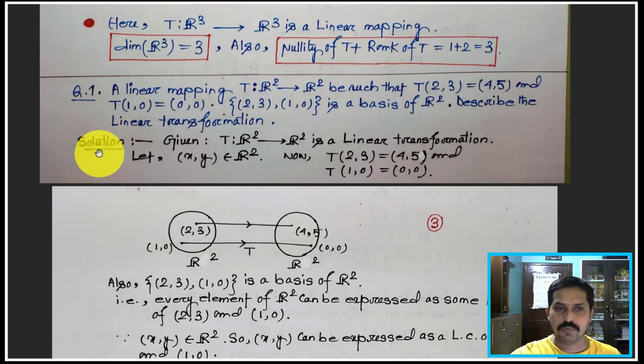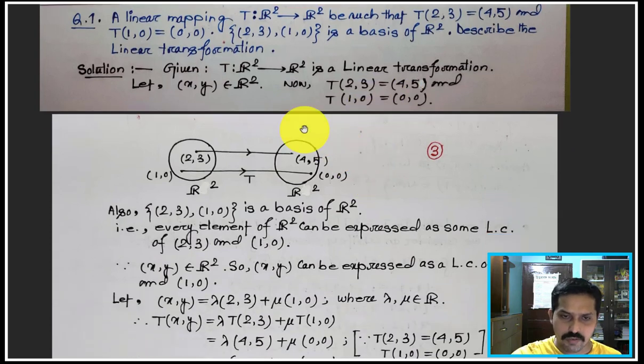First, start the problem. Given T maps R2 to R2 is a linear transformation, let (x, y) belong to R2. Now T of (2, 3) equals (4, 5) is given, and T of (1, 0) equals (0, 0). So can we draw this?